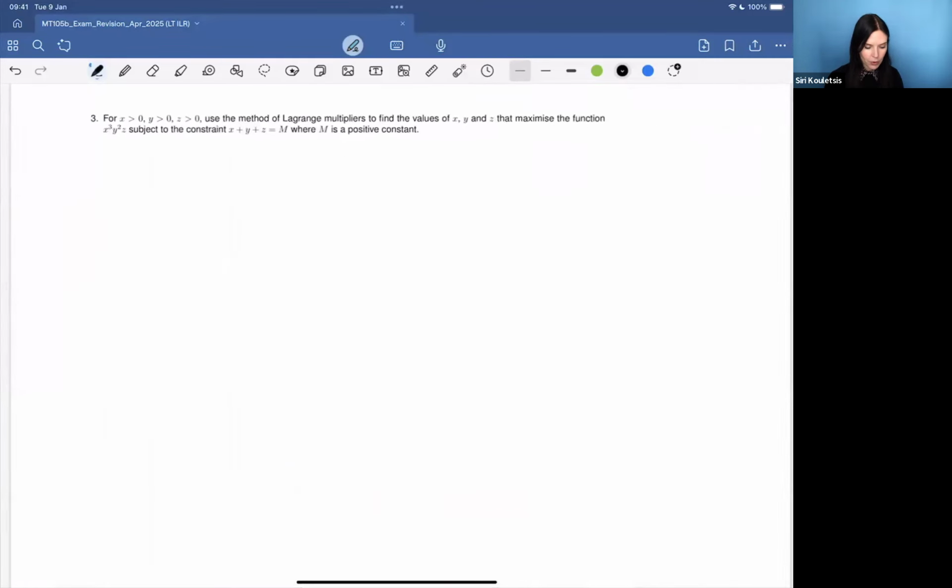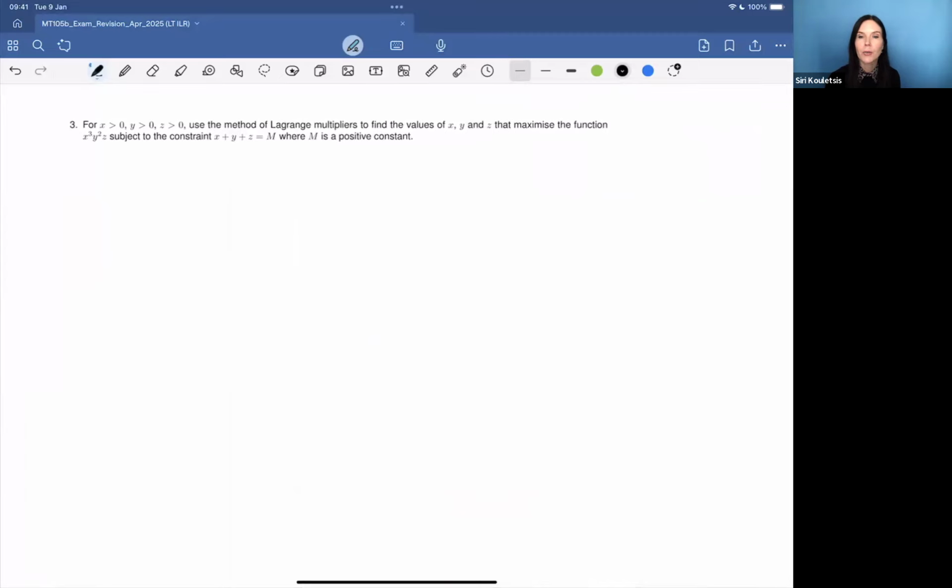Now, moving on to the next question, we have a question on the method of Lagrange multipliers. And we are told here that x, y, and z are all strictly greater than 0. And we need to find the values of x, y, and z that maximize this expression here. So we have a function f of x, y, and z equals x cubed y squared z.